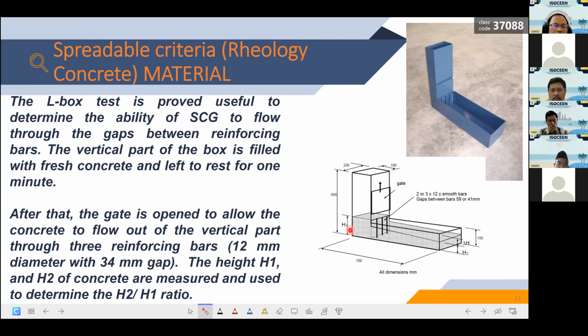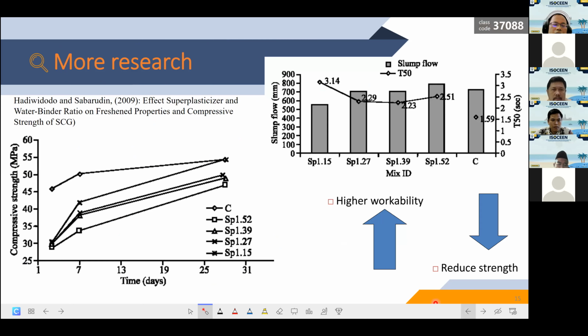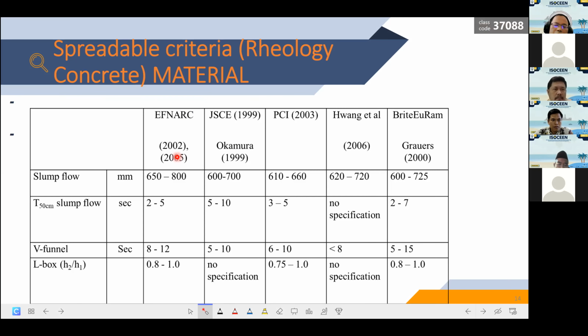So the L-box shows the capacity of the grout to flow through the reinforcing bars. This is a criterion of spreadable grout.